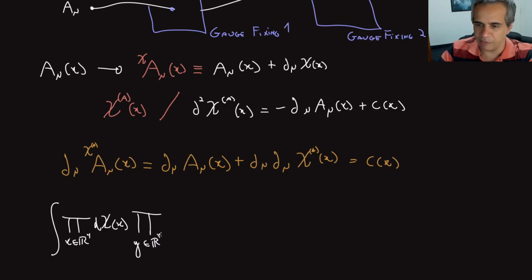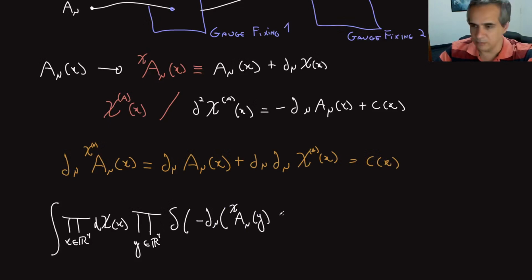So for every position in Euclidean space-time, I'm putting a Dirac delta function of minus del mu A chi mu of y plus c of y. So there are a lot of Dirac deltas, one for each of those integrals.